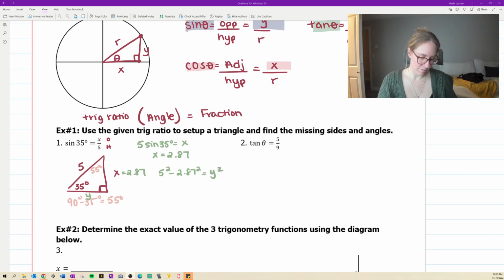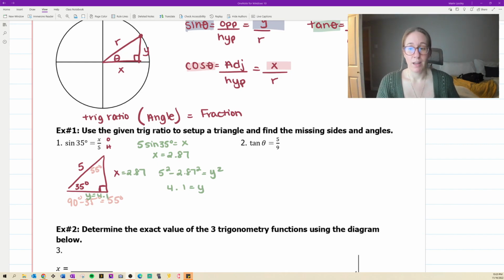In my calculator, 5 squared minus second answer squared, enter, and the square root of that gross number is going to give me 4.1. And there's my last side.